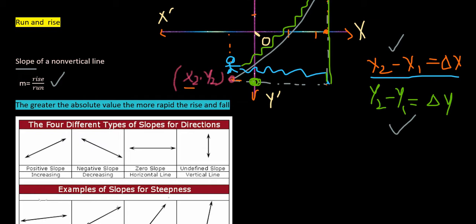And slope tells us the direction of movement and the steepness of the object. Whether it is positive or negative tells us the direction: if it is a positive slope, then the direction will be upwards. And if it is a negative slope, that means the ratio of rise and run is negative, then we can say that the slope is in the downward direction.